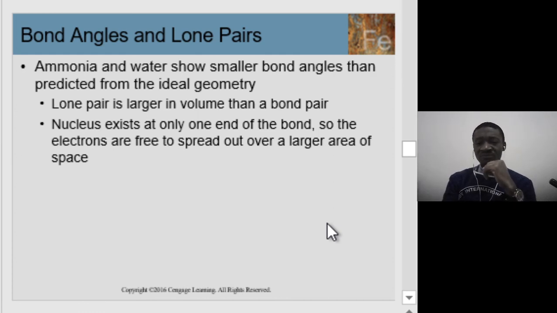So a lone pair is larger in volume than a bond pair, just to explain the fact that once you have a lone pair, it has power and it can push. Just think about a house: the person that stays in or owns a house has the power to kick you out and bring you in.